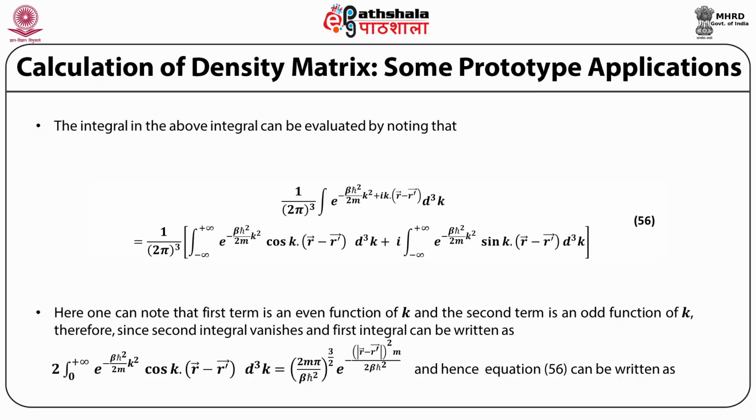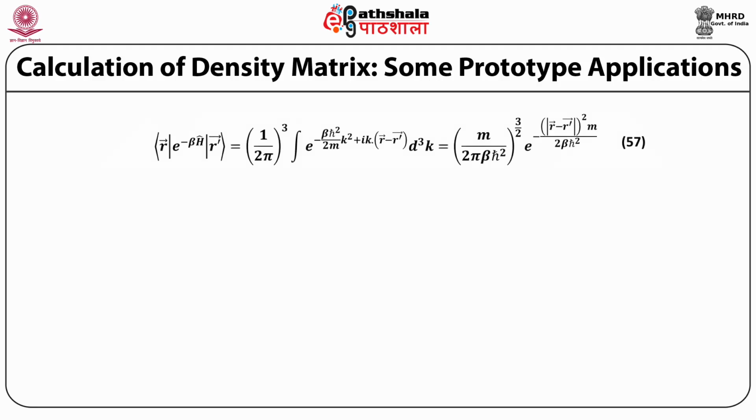Hence equation 56 can be written: the matrix element of e raised to power minus beta H between the states r and r dash is therefore equal to m upon 2 pi beta h bar square raised to power 3 by 2, multiplied by e raised to power minus modulus of r minus r dash whole square m divided by 2 beta h bar square.